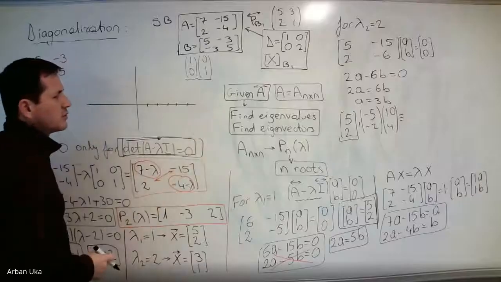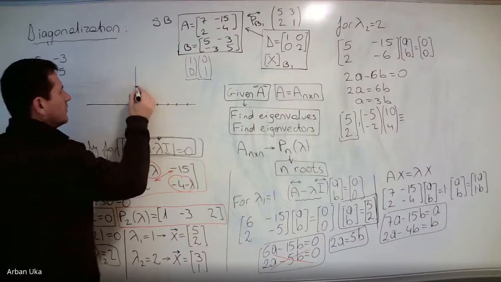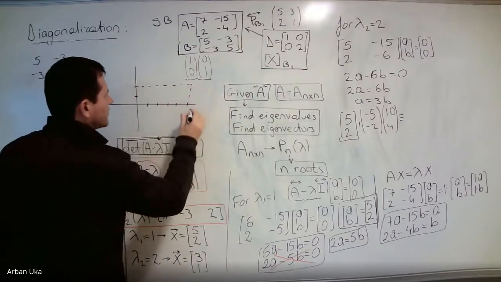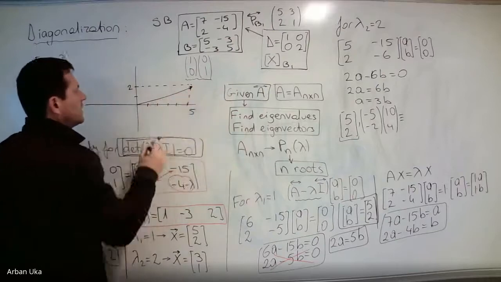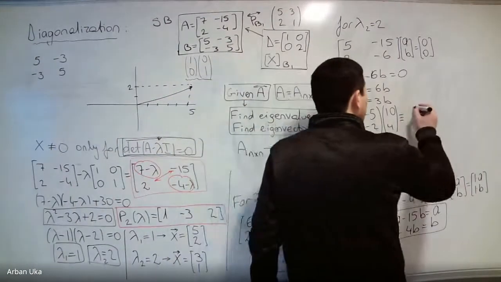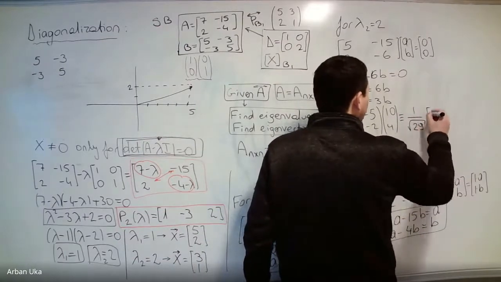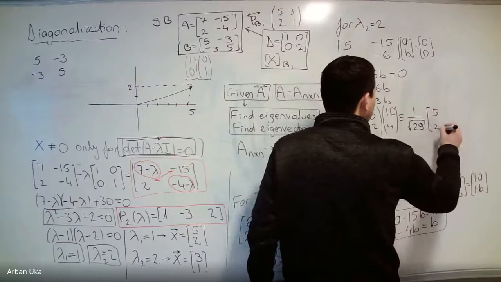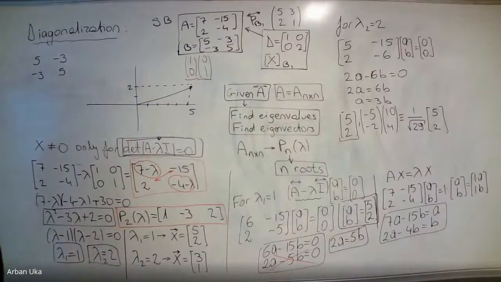You are right. So this is 5, this is 2, and the length here is the square root of 29. So the best solution should be the following: 1 over the square root of 29 times 5, 2. This would be the best bet.